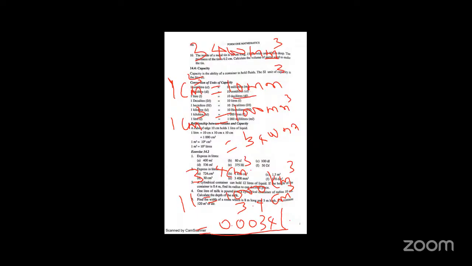For example, we know that 1 meter is equivalent to, is it 0.1 or 0.01?